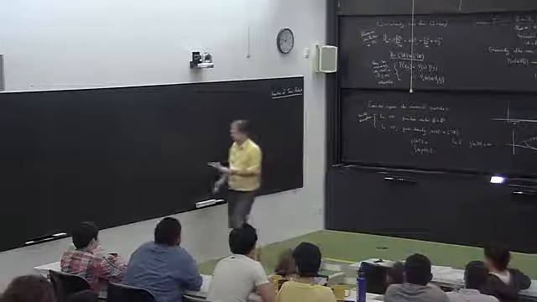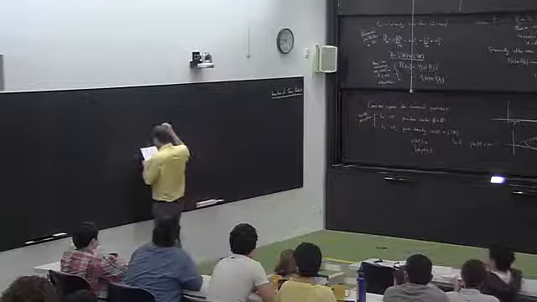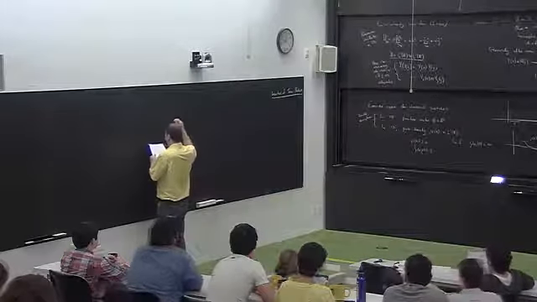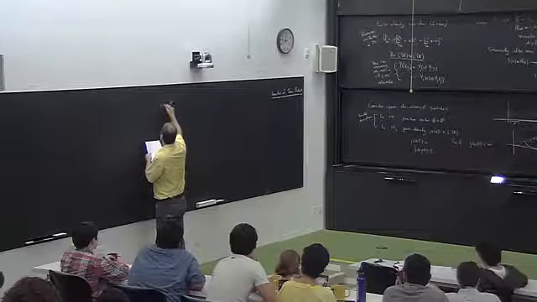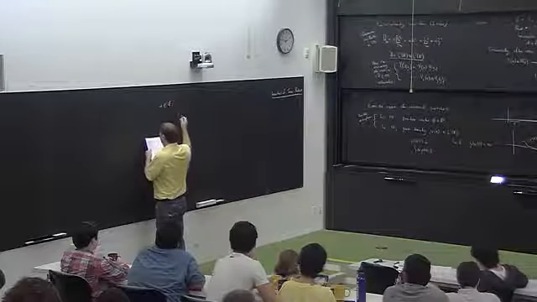Okay. Properties of the tensor product. So here's how you manipulate things. You have some scalar or complex number alpha.